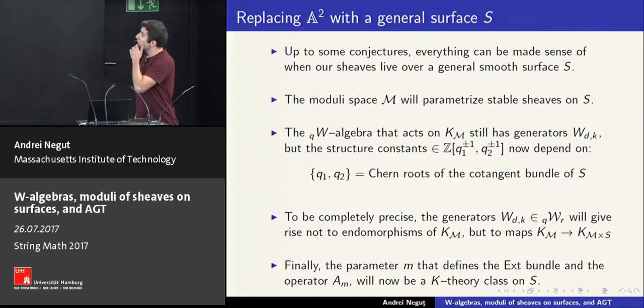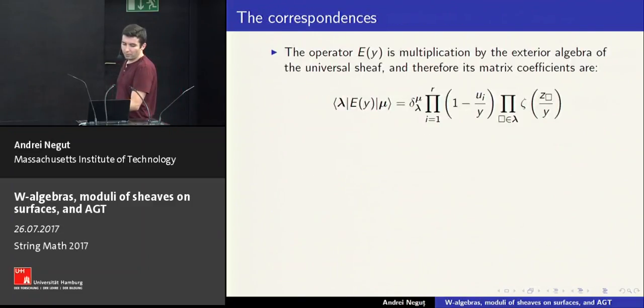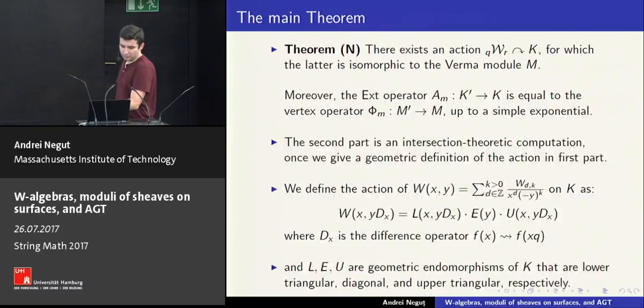Well, yeah, so the problem, if we look back here, is the fact that a generating function of W currents is given by L times E times U. L and U are both infinite sums. So what this means is that each WdK is an infinite sum of operators here.